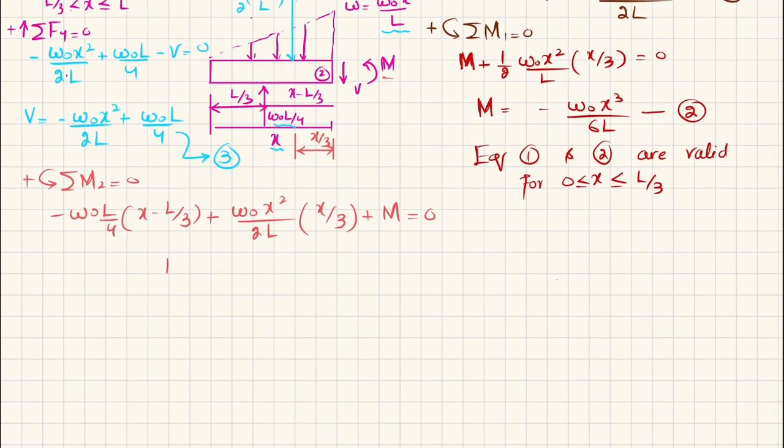So you will get this moment will be equal to W naught L over 4 into X minus L by 3 minus W naught X cube over 6L. Clear? Let this be your equation number 4.